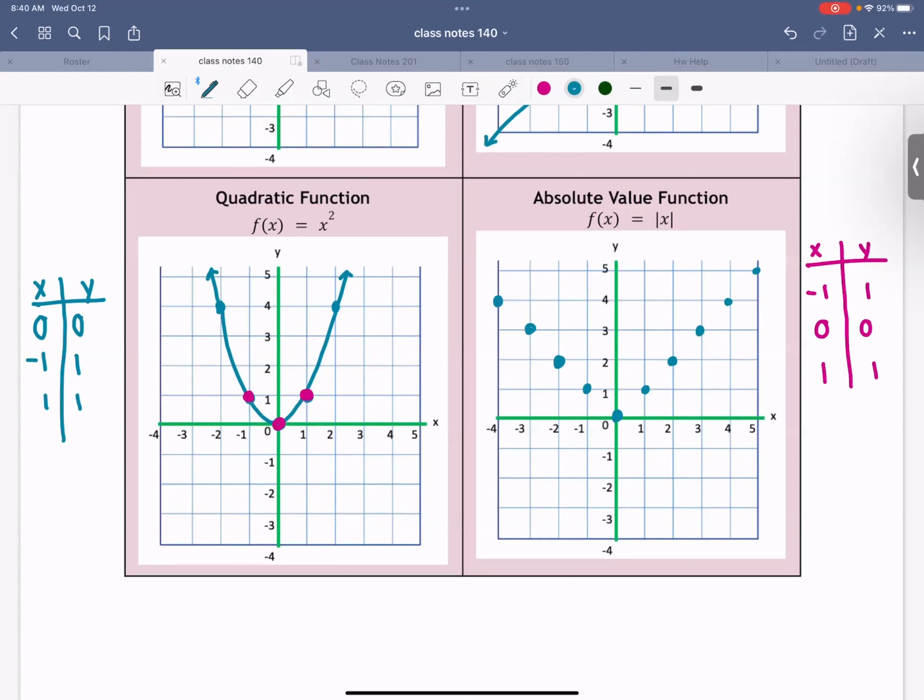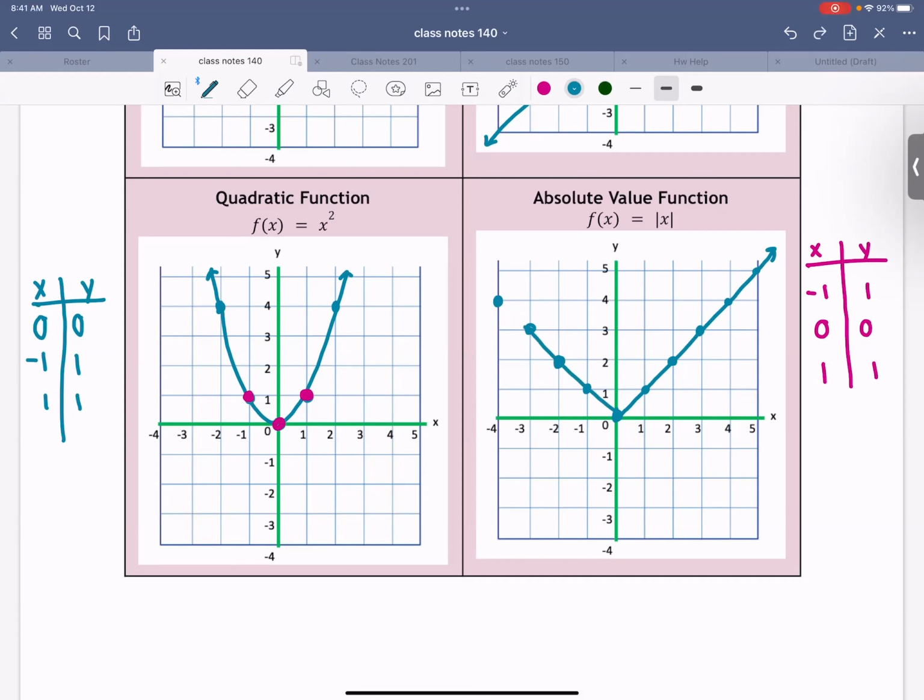Perfect. Okay. Now, because this V shape is going to be very straight on both sides, it's not going to be curved like a parabola anymore. It's actually just going to be a very straight graph where we go up here and we go up. Oh my goodness, that's really bad.